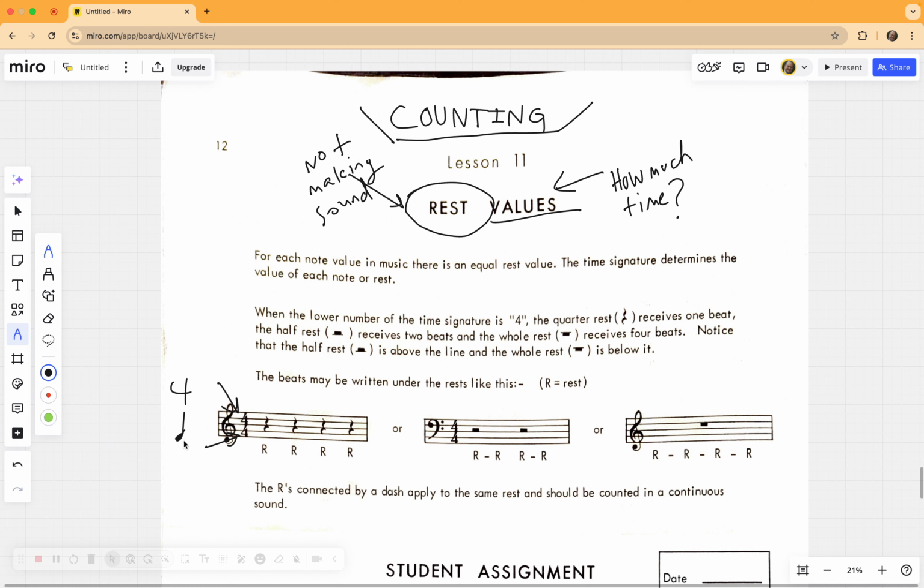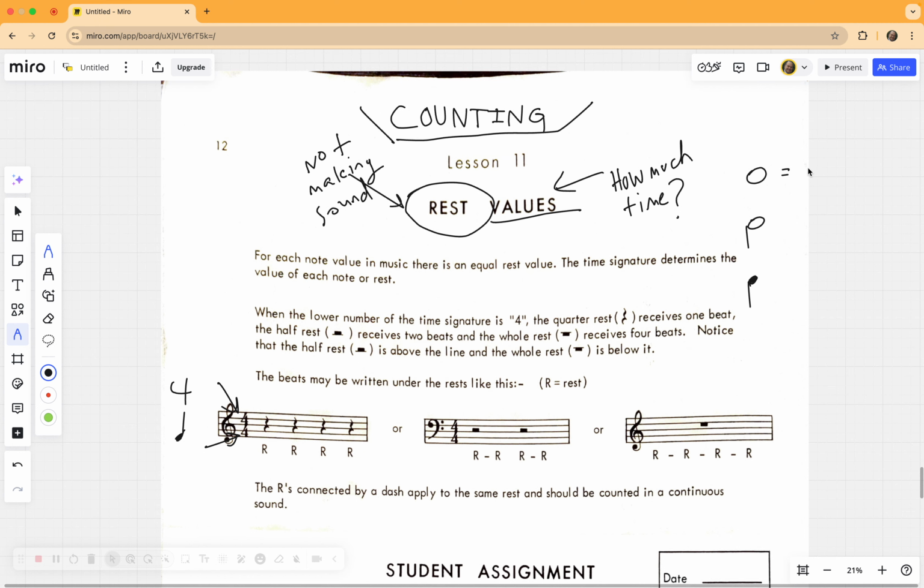When the lower number of the time signature is 4, the quarter rest receives 1 beat. The half rest receives 2 beats, and the whole rest receives 4 beats. Just like over here, we had a whole note which equaled 4 beats, a half note which equaled 2 beats, and a quarter note which equaled 1 beat.